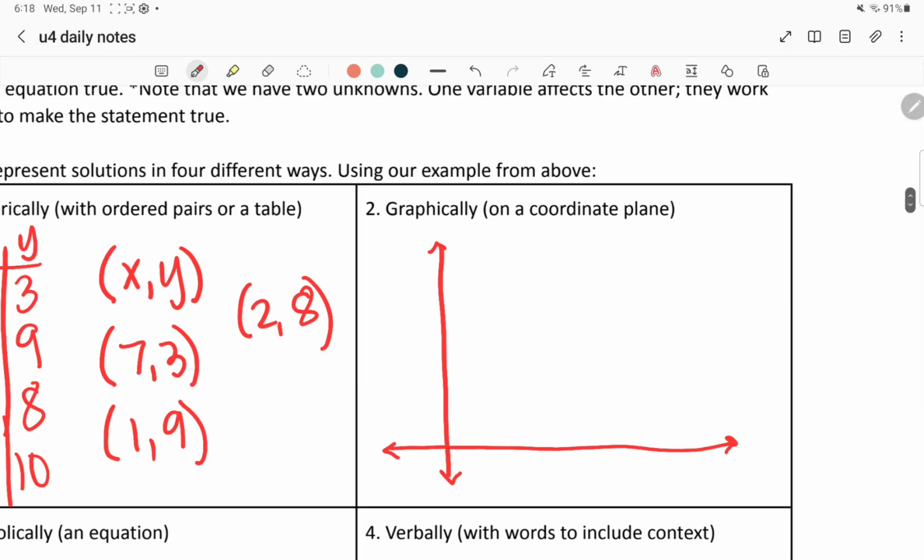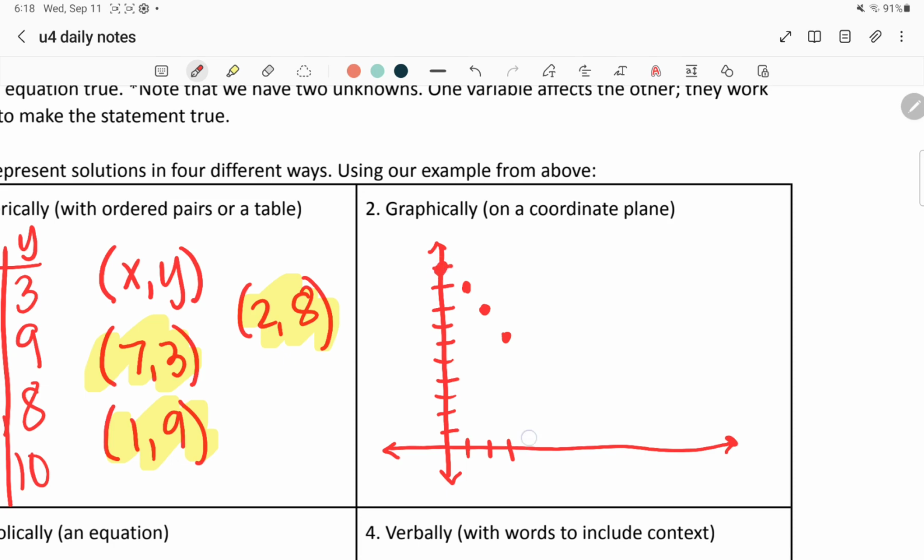We already did the points. So I can do 1, 9, and 2, 8, and 7, 3, and 0, 10.